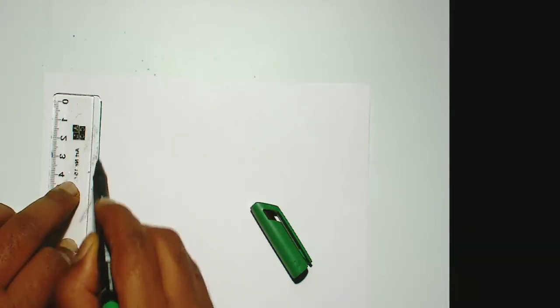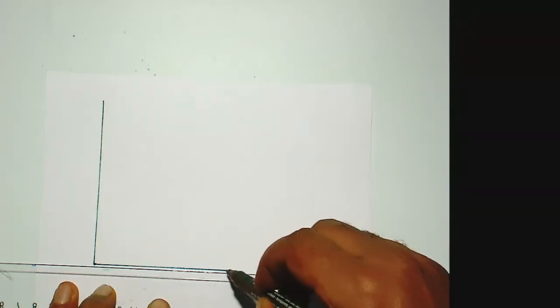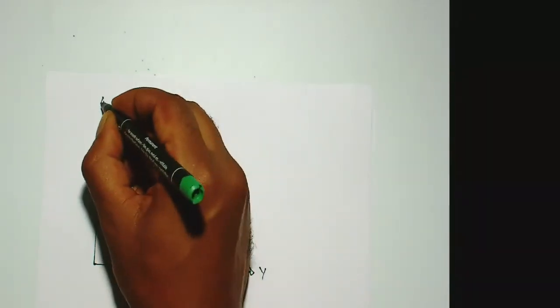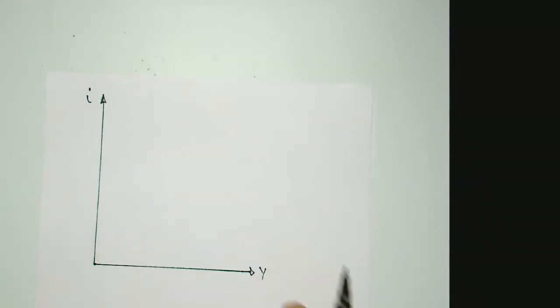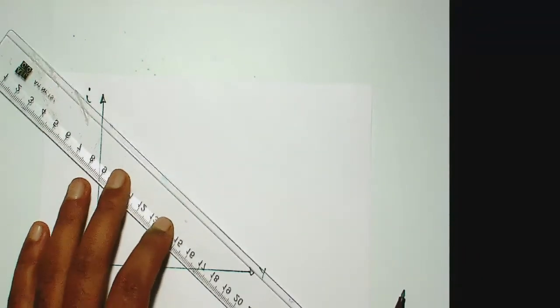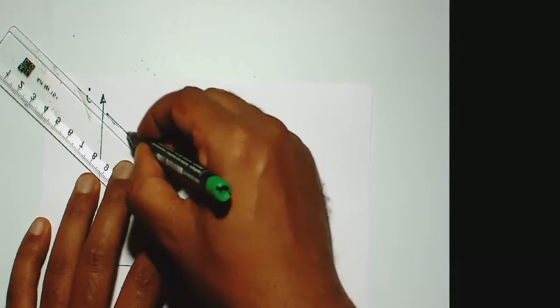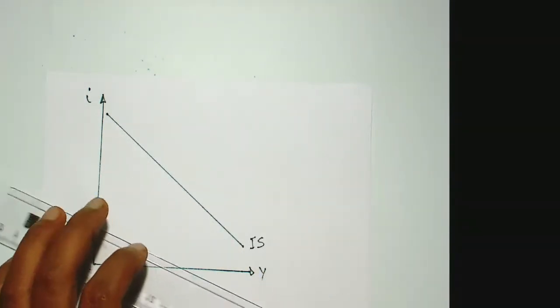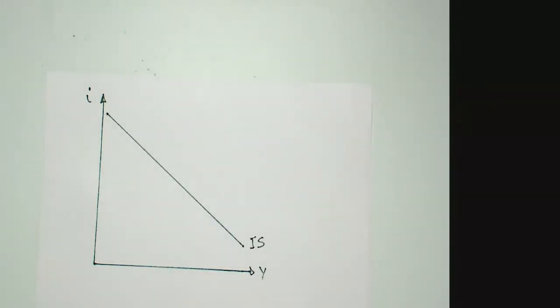So for that, we would draw our ISLM curve as usual, put the labels on the curve, and then we would see the impact of a contractionary monetary policy reflected on the curve.